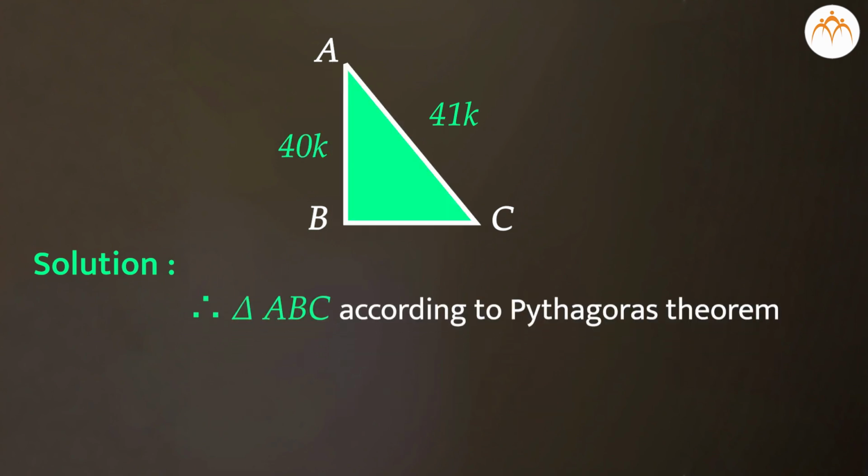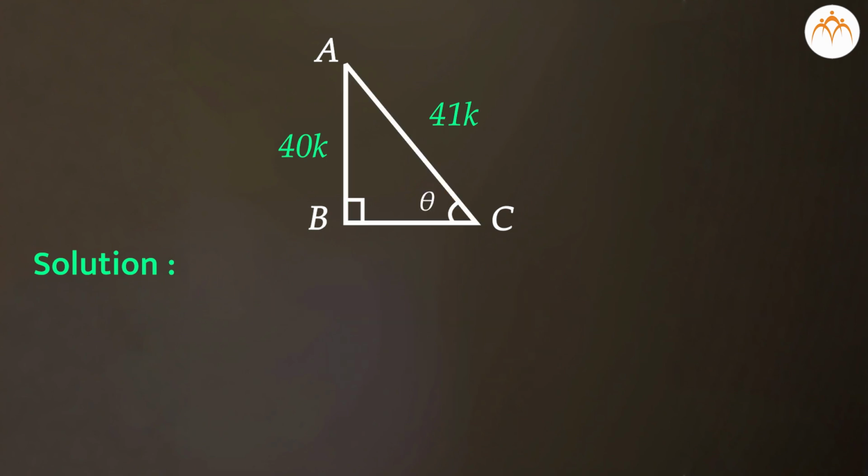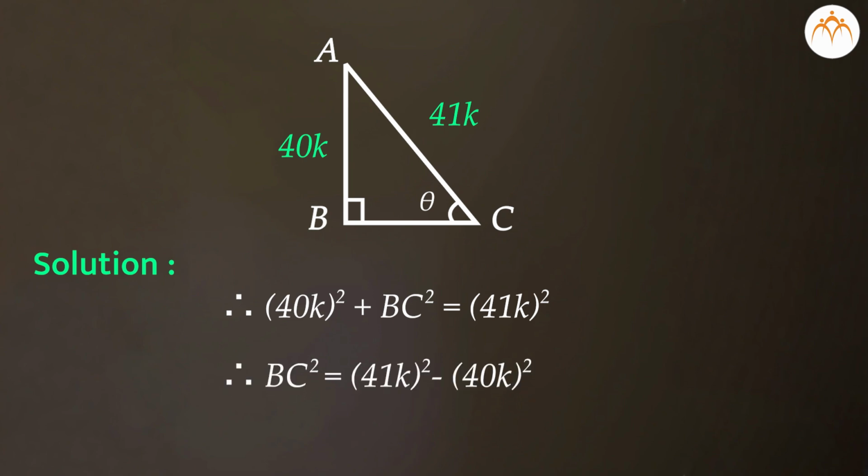Therefore, in triangle ABC, according to Pythagoras theorem, AB square plus BC square is equal to AC square. Therefore, 40K bracket square plus BC square is equal to 41K bracket square. Therefore, BC square is equal to 41K bracket square minus 40K bracket square.